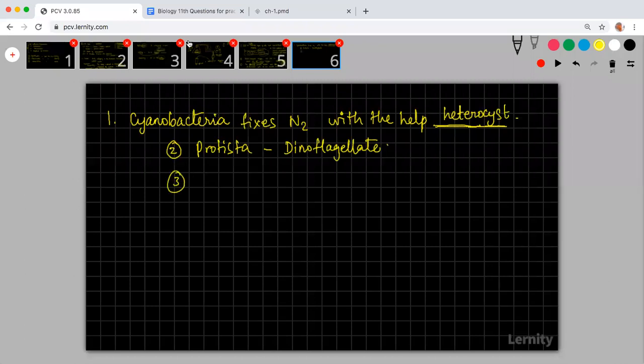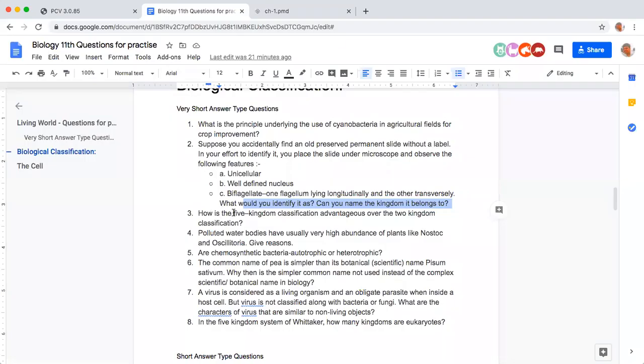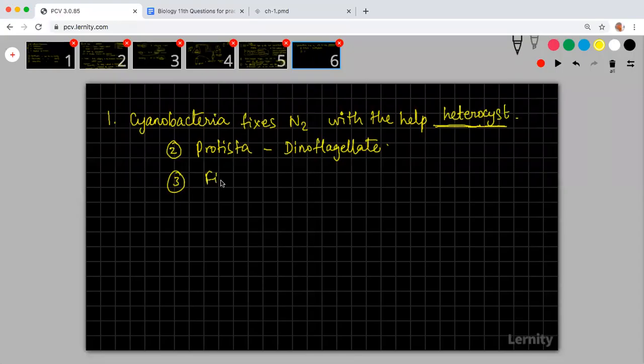The third thing: how is five kingdom classification advantageous over two kingdom classification? It is elaborate. It is trying to consider all the possibilities. Five kingdom classification is elaborate and detailed.